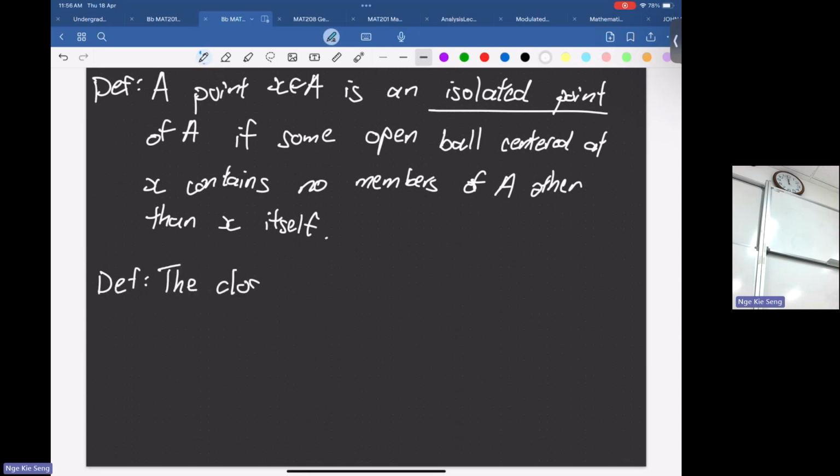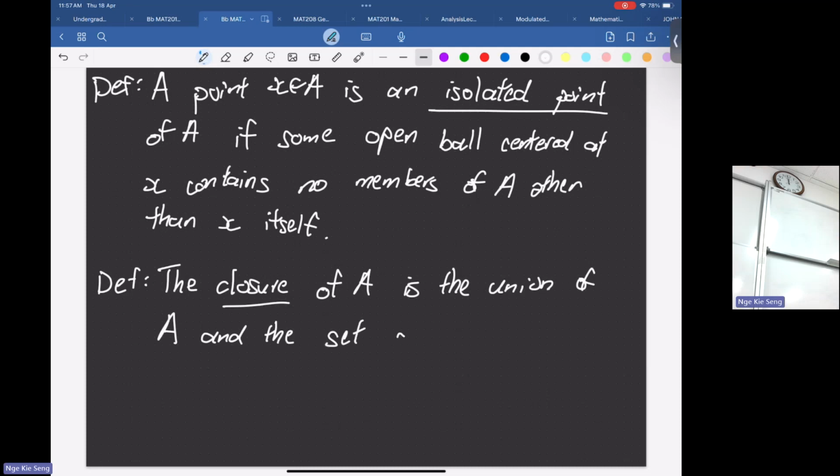So we define the closure of A as the union of A and the set of limit points. We denote it by A bar.